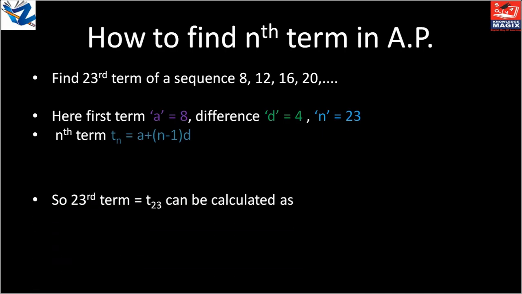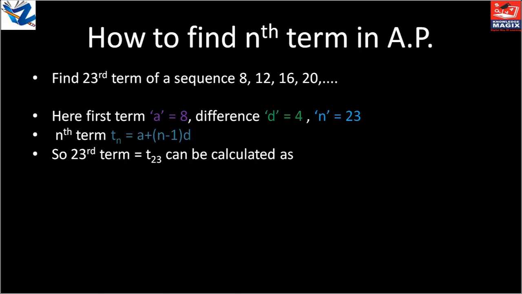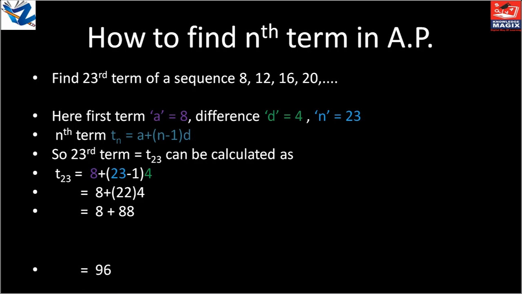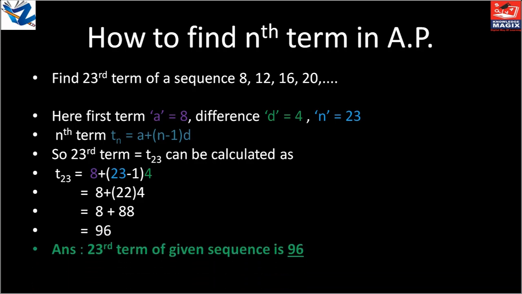So, T23 can be calculated as T23 is equal to 8 plus 23 minus 1 into 4, is equal to 8 plus 22 into 4, is equal to 8 plus 88, is equal to 96. Answer: 23rd term of given sequence is 96.